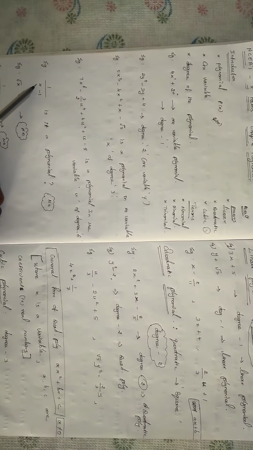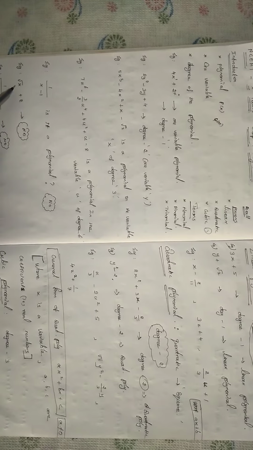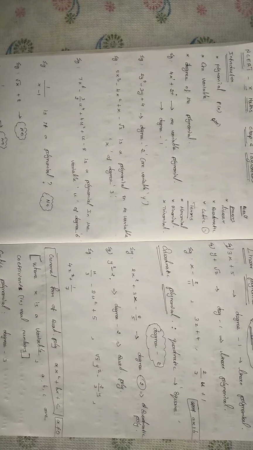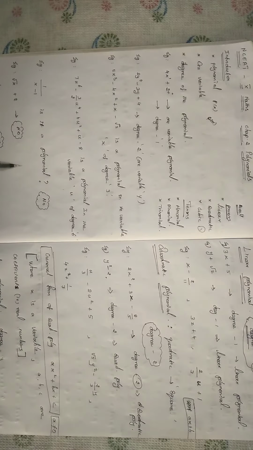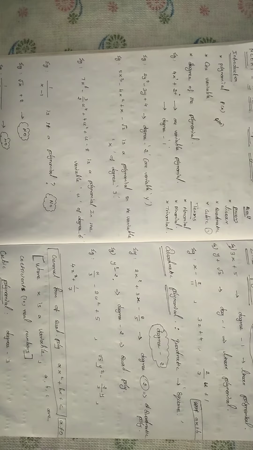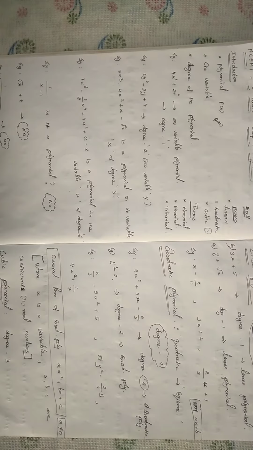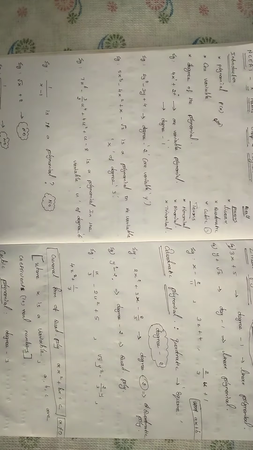So 1 by the variable comes under the denominator, so it is not a polynomial. Next, root of x, is it a polynomial or not? No, it's not a polynomial, because the power of x is 1 by 2, and only positive integers are allowed. 1 by 2 is not a positive integer, so it is not a polynomial. Next, 1 by x squared plus 2x plus 3, here also the variable comes under the denominator, so it's not a polynomial.